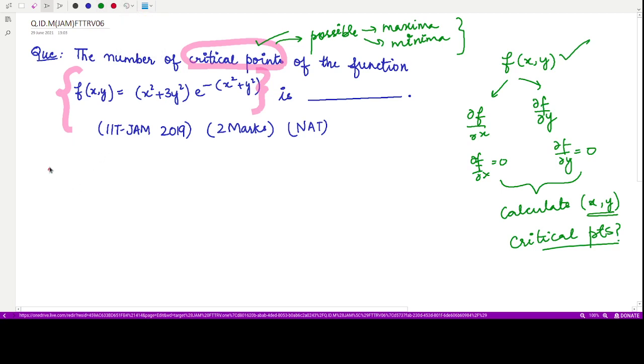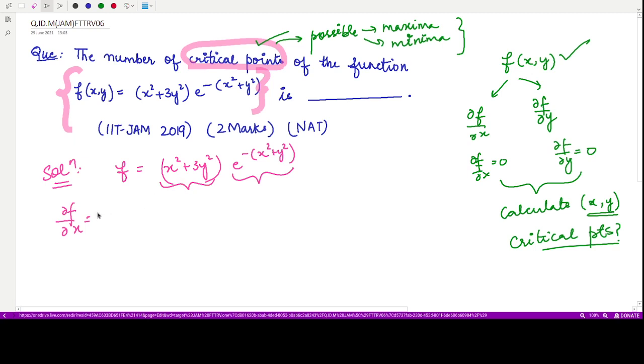Okay, so for the solution here, let me write down the function. This is given to be x square plus 3y square multiplied by e to the power minus x square plus y square, right? This is the function. Let me take the partial derivative of this function with respect to x. I am applying the product rule onto these two terms containing both x and y. Here we'll treat y as constant.